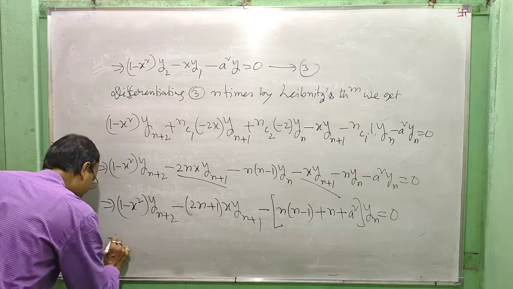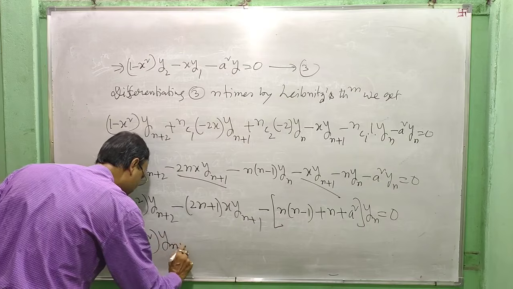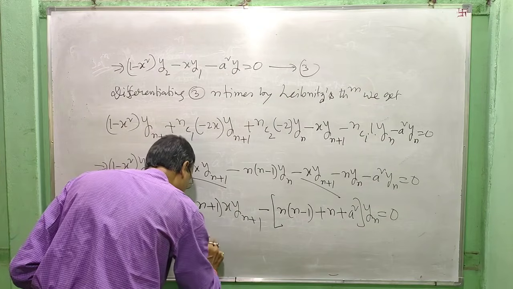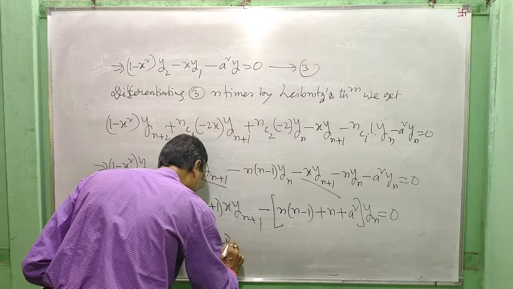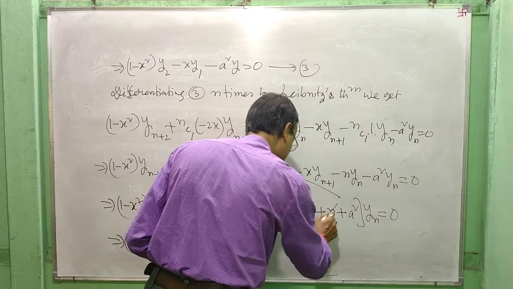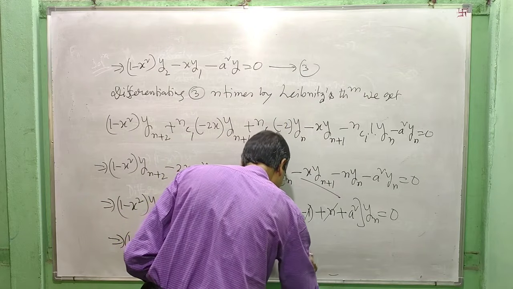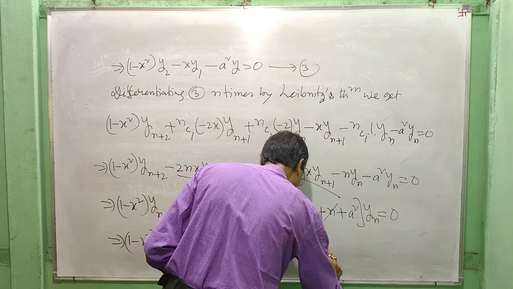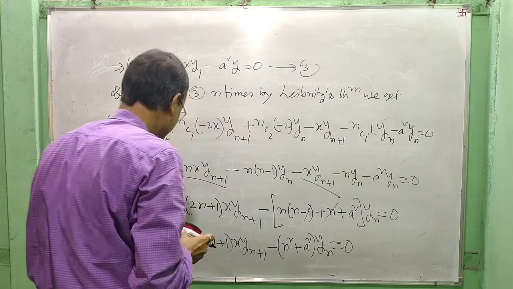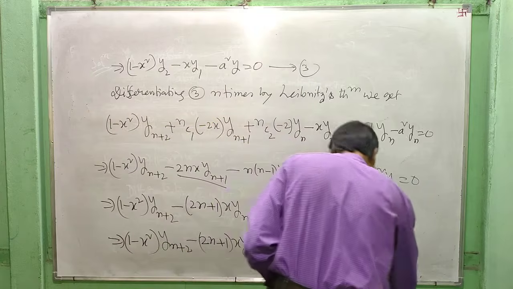This means 1 minus x square yn plus 2, minus twice n plus 1 x yn plus 1, this plus and minus n will be cancelled, minus n square plus a square yn is equal to 0. Proved.